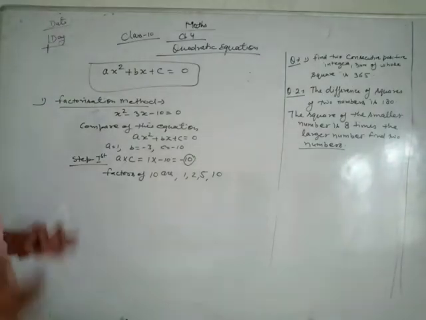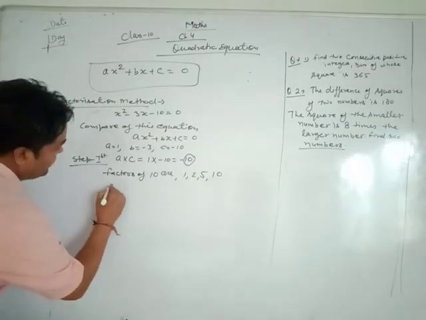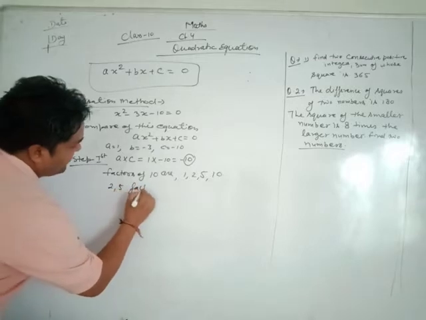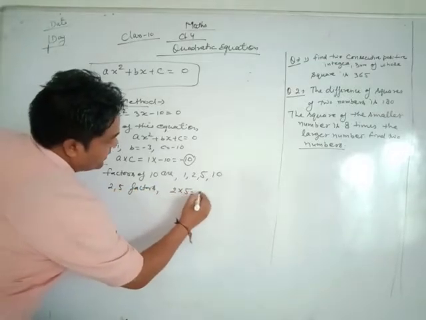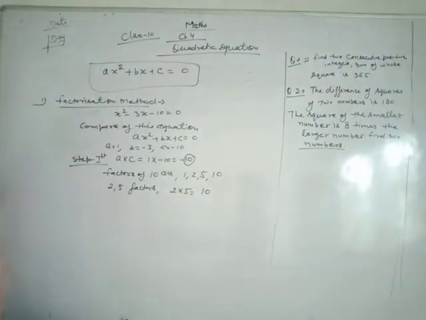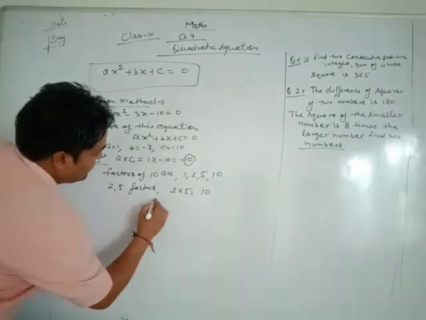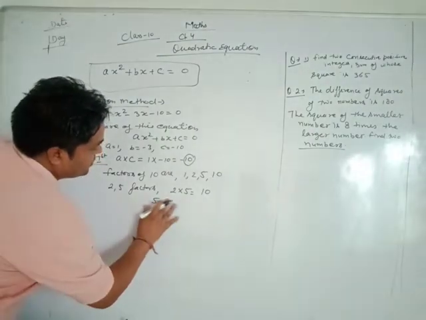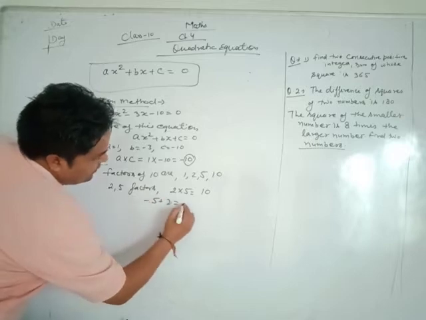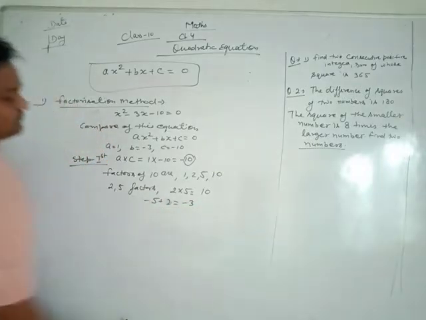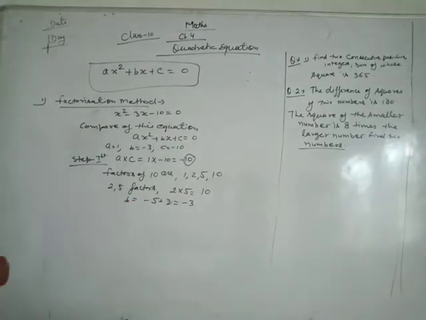So what will we take? 2 and 5. If we multiply these we get 10, and if we subtract 2 from 5 we get what? -3, b.